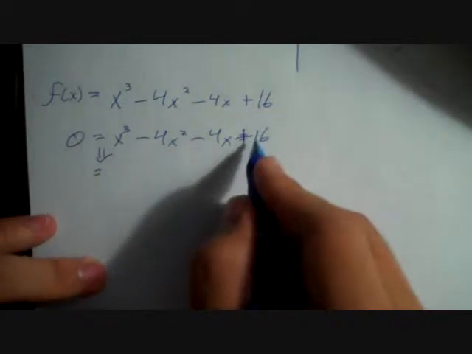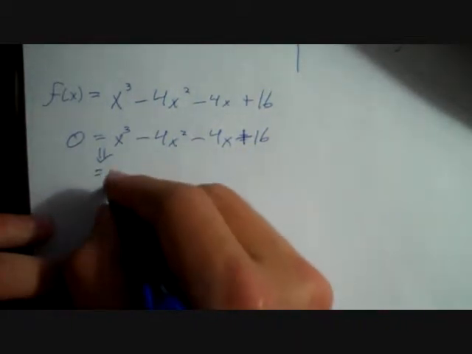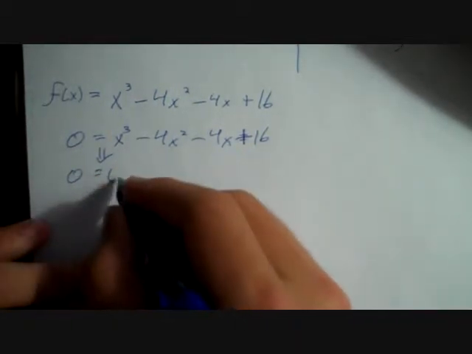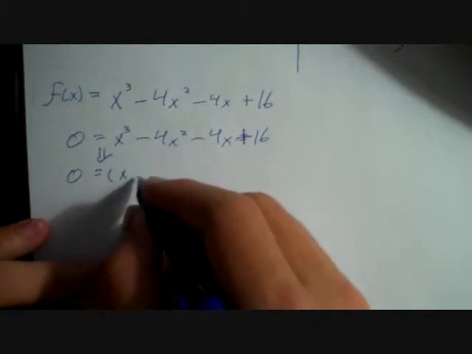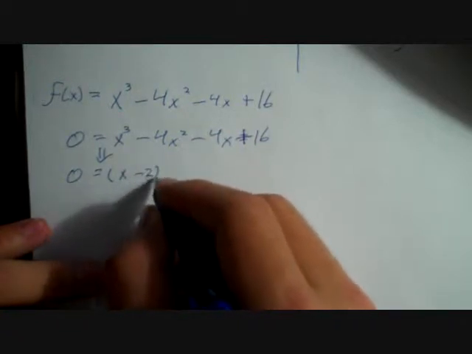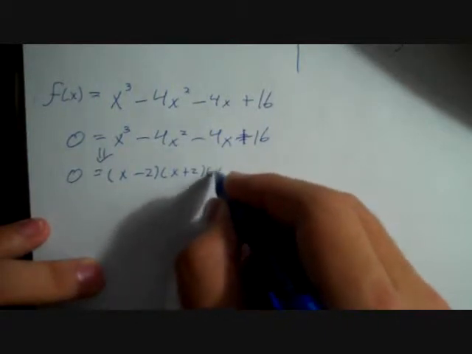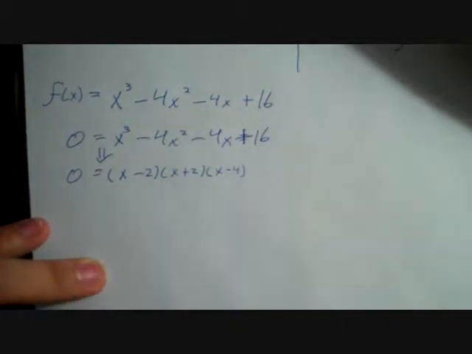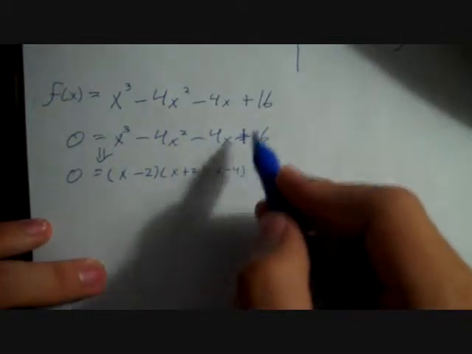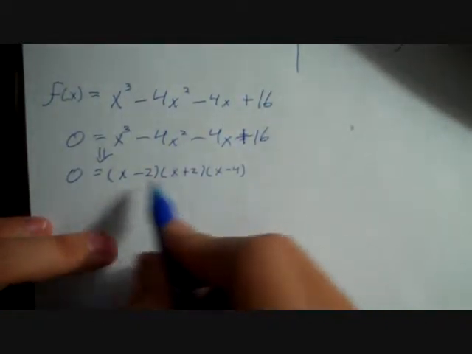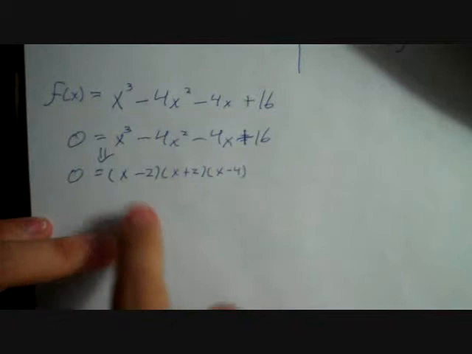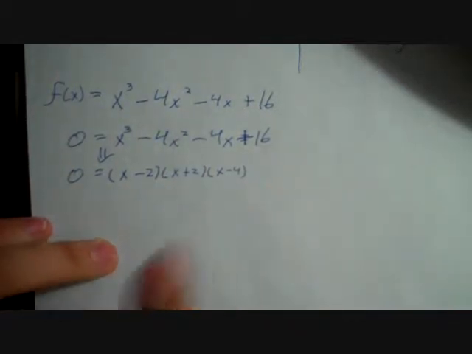And so after we factor this, we now know that this function equals (x minus 2) times (x plus 2) times (x minus 4). Okay? It's the same function, only it's put in factored terms, as the product of 3 binomials.